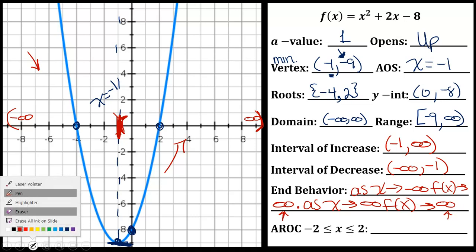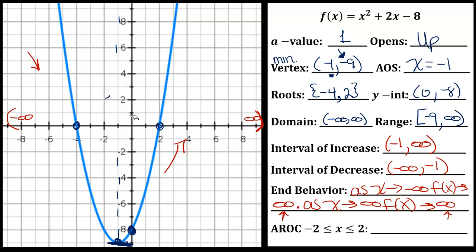Okay, now let's erase a little bit of this and find our AOS. So the interval that they are giving us is from -2, so that will be one x value of one ordered pair, and +2.